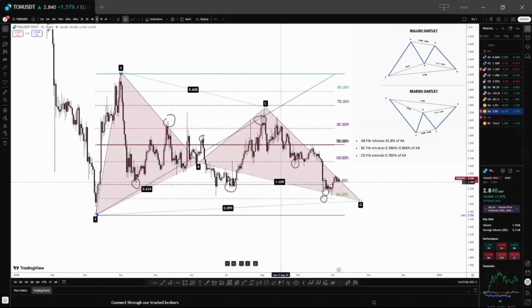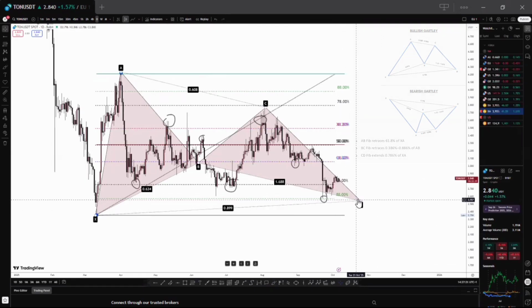So when I say 61.8, 88 points, but when you look at the ratios here, you're going to be seeing 0.618, 0.886. I'm just following the ratios on the Fibonacci, but it's the same thing.